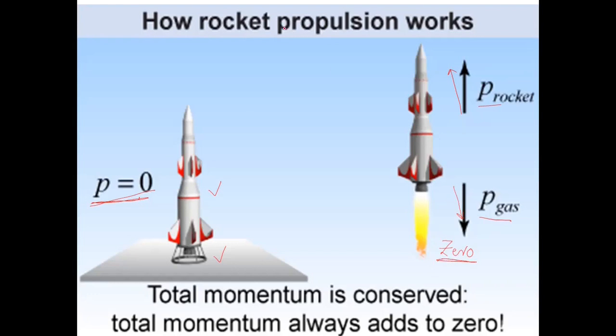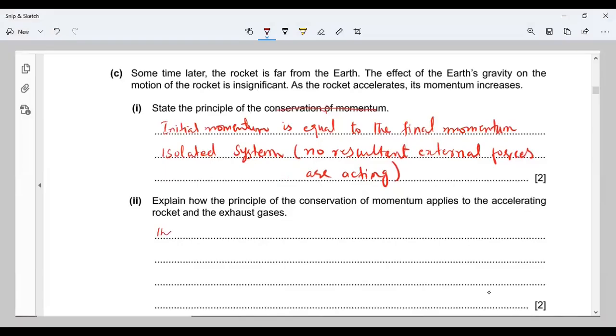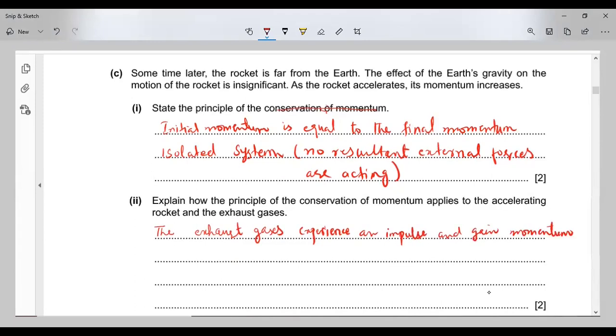So now you can write your answer over here. The exhaust gases experience an impulse and gain momentum in the downward direction, to keep total momentum conserved or constant, or you can say 0, because before launching the rocket, momentum was 0.